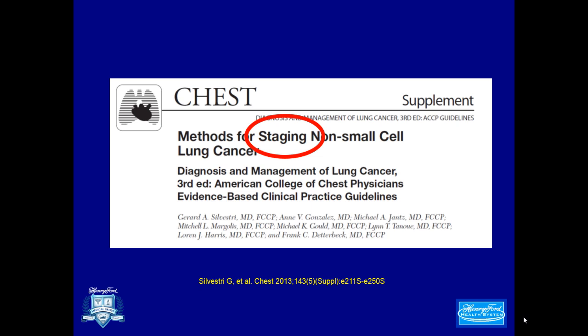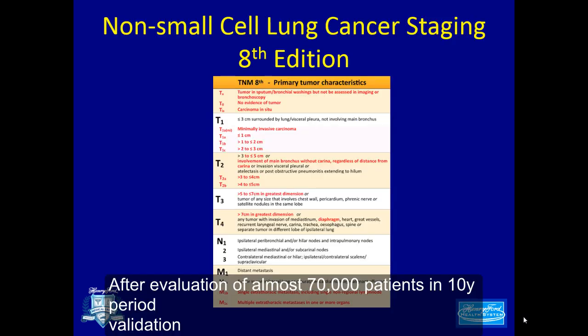Because this is what's going to guide you in terms of where to obtain the biopsy from, what type of technique you may consider to obtain the biopsy, etc. These guidelines were written in 2013 by the ACCP in terms of the different methods or techniques and how to approach patients to stage non-small cell lung cancer. Not only, as I said, patients who already have a diagnosis, but also the ones in whom you suspect a diagnosis of lung cancer.